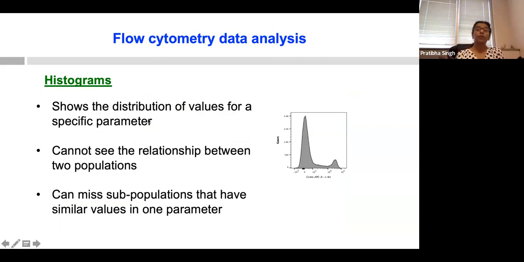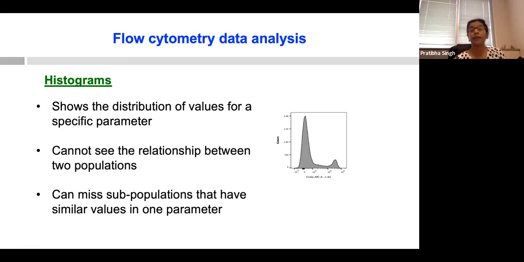A histogram just shows the distribution of values for a specific parameter, like Sytox. Here I can see only one parameter: how many cells are Sytox positive and what their intensity is. But it can't tell you about the relationship between two populations.